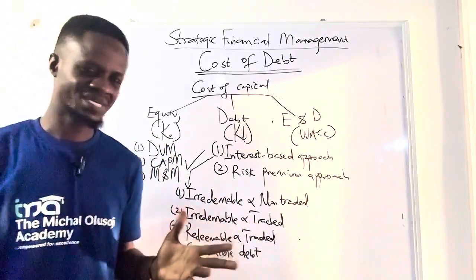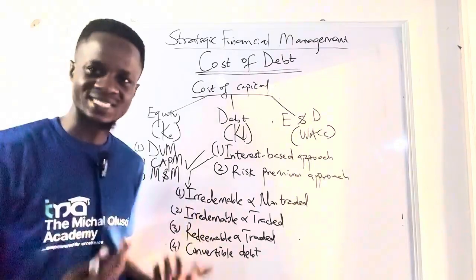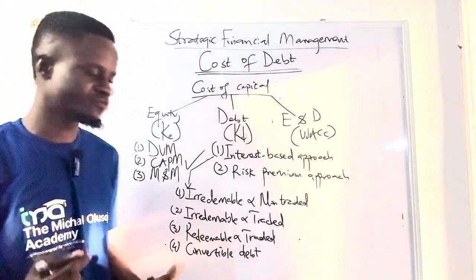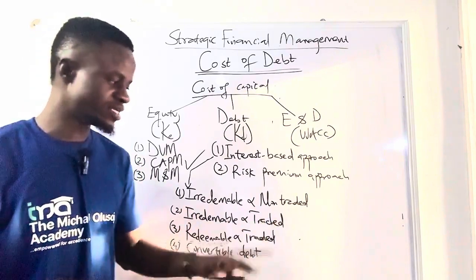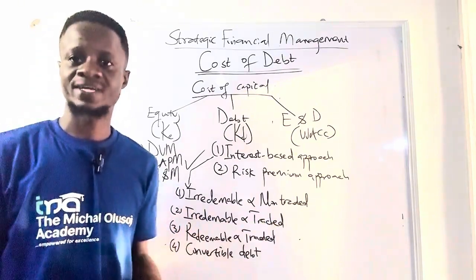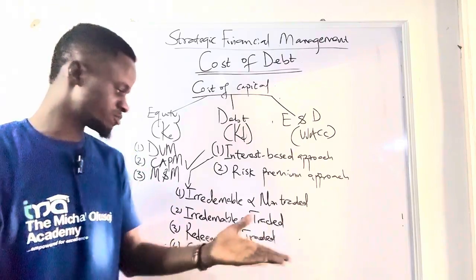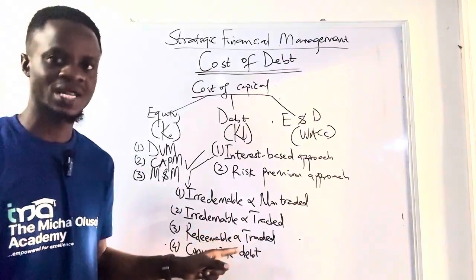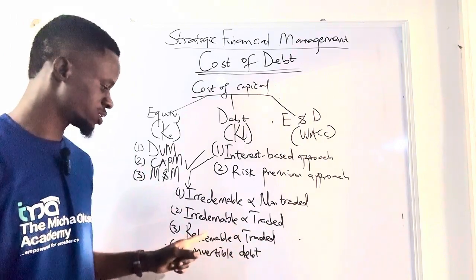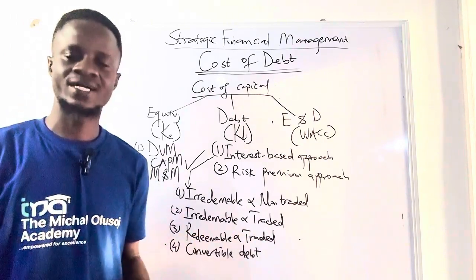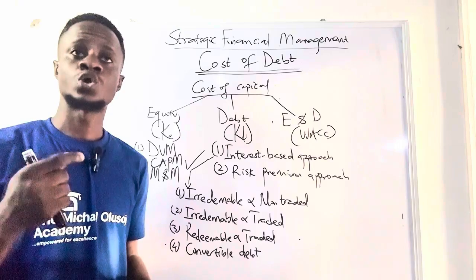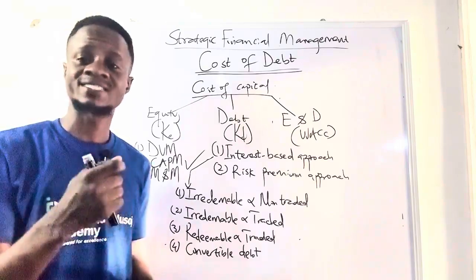So that's simple. Irredeemable: you are not getting the principal amount back, from the point of view of the investor. Irredeemable and traded: traded is saying that it has market value, it can be traded, but you're not getting your principal amount back. Redeemable and traded is saying that your investment has a maturity date.